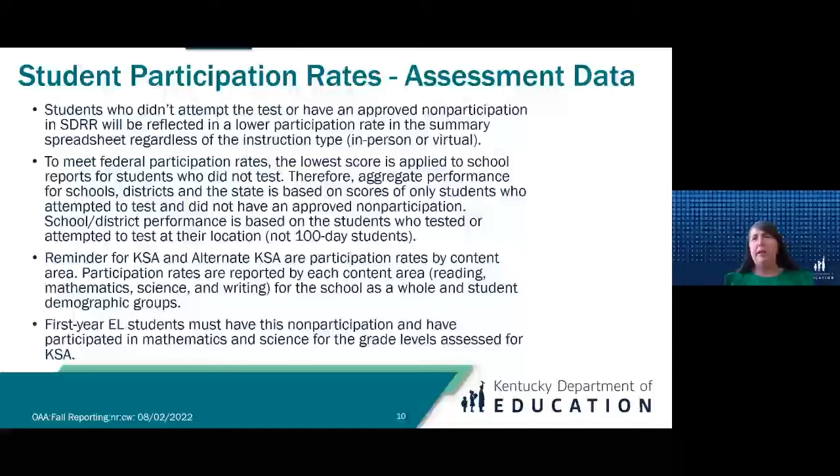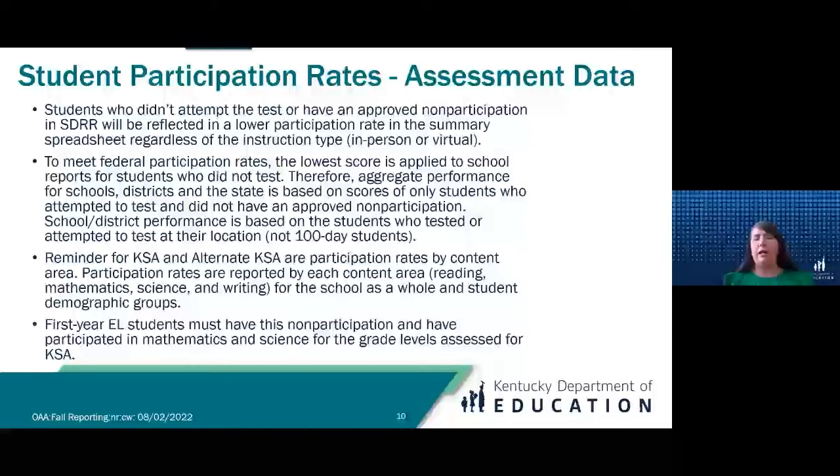Another thing is sometimes people forget about our English learners. Back in the spring, when the Kentucky Summative Assessment opened, our first year EL students did participate in mathematics and science only in the grade levels that were assessed.